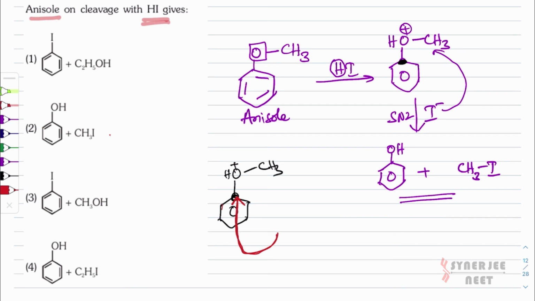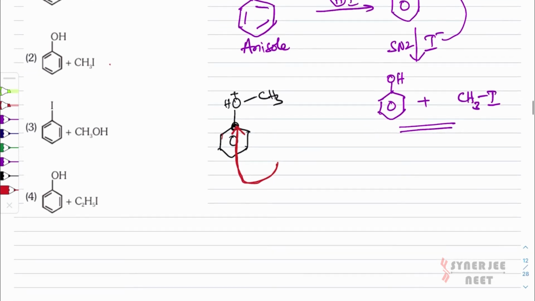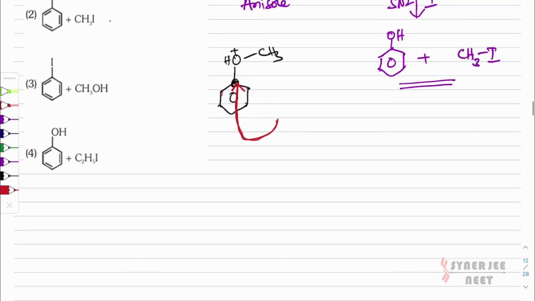You may think that, sir, it may form a carbocation and follow the SN1 mechanism. Yes, it can follow SN1 also, but the problem is that this methyl carbocation is highly unstable, so it cannot break like this and form a carbocation. And this part also will not break to form a carbocation.